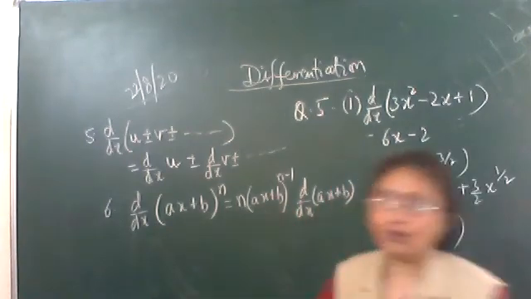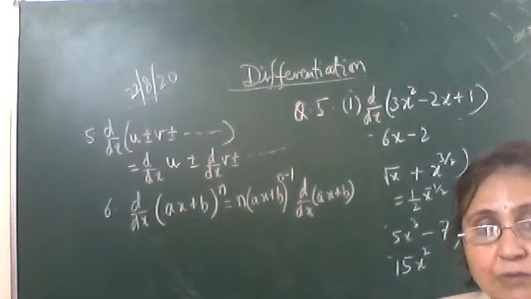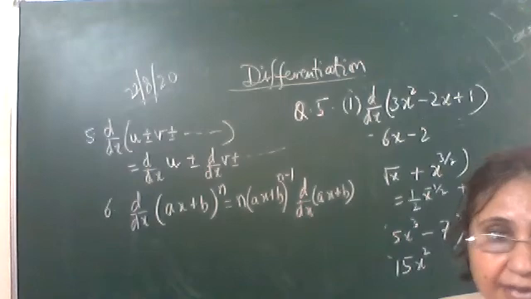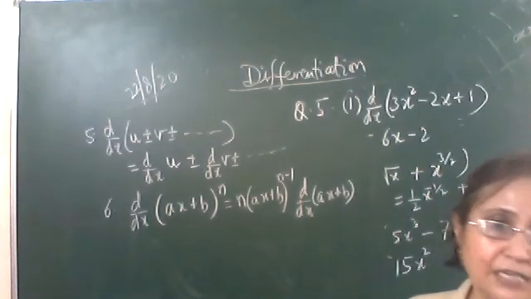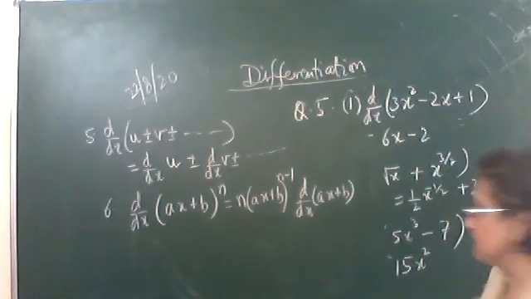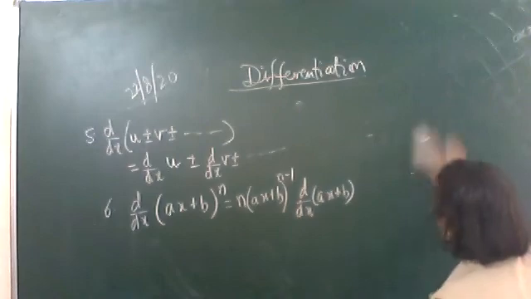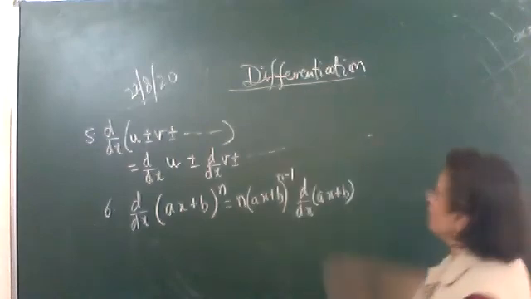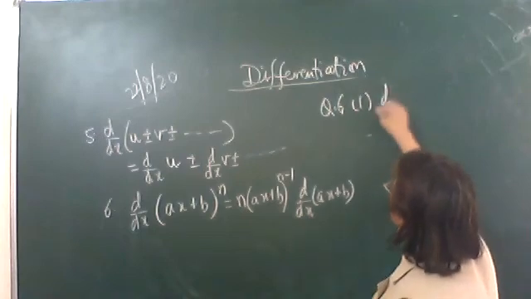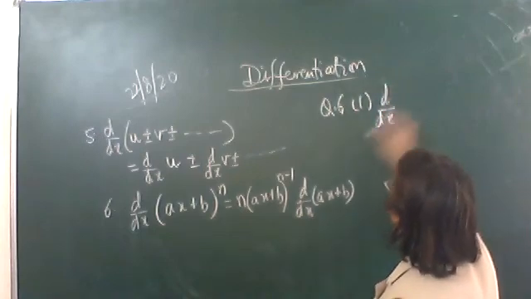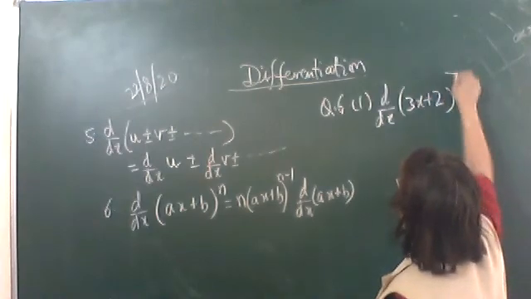Now this formula is different from the first one. The first formula is d by dx of x raised to the power n. Here it is d by dx of some bracket term raised to the power n, ax plus b raised to the power n. So it is quite different from the first formula. Do a few questions based on this sixth formula. D by dx of 3x plus 2 raised to the power 7.